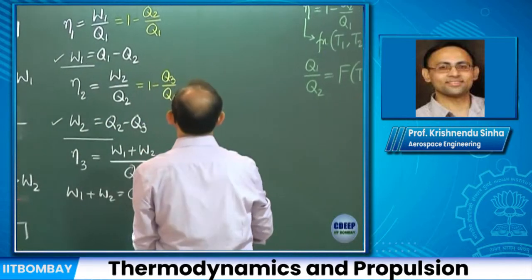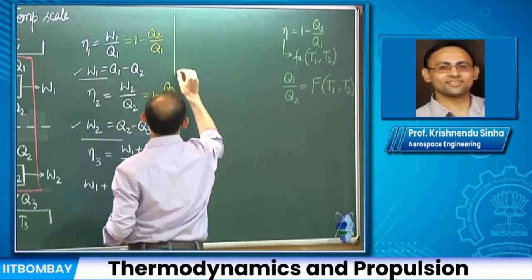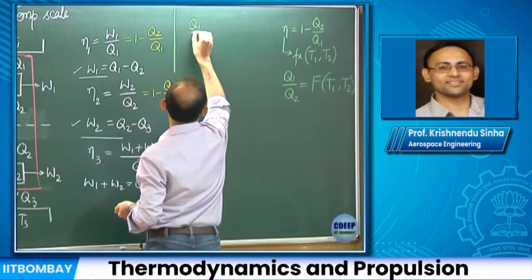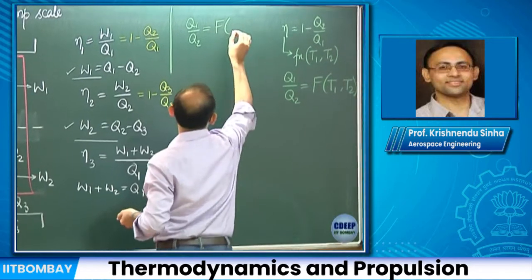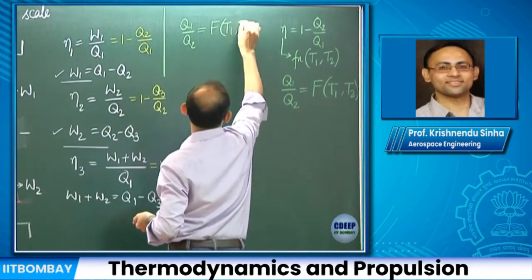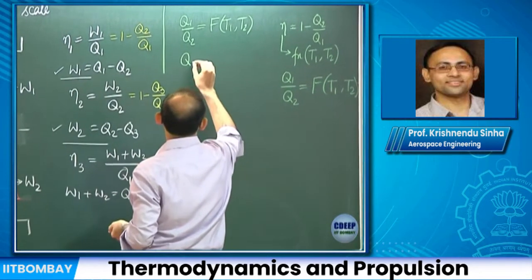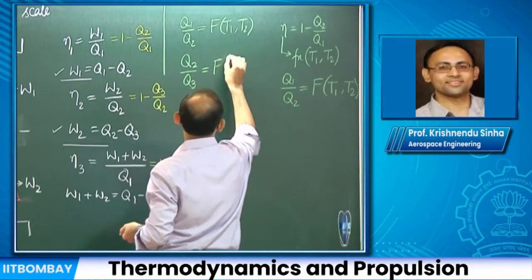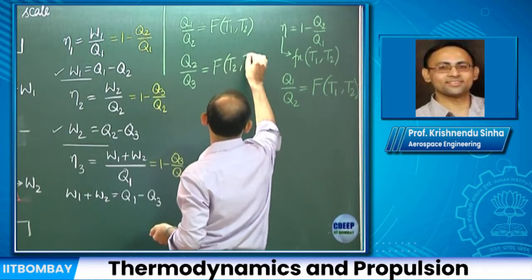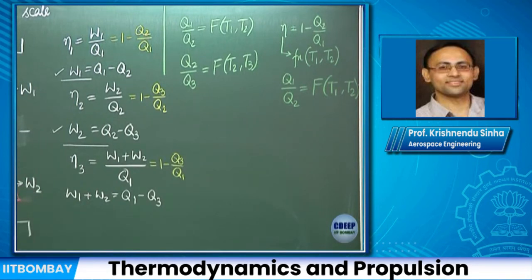So then, Q1 over Q2 is a function, let me rewrite it here, of T1, T2. Q2 over Q3 is a function of T2 and T3. Those are the temperatures between which the second engine is working.